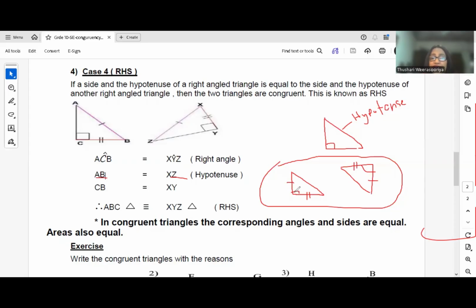Always think, when you see a right angle, you can't just say RHS. To get RHS, the hypotenuse should be equal. These hypotenuses are not equal to each other. They have given only two sides. Then this is under AAS. I assume you can understand this lesson very well.